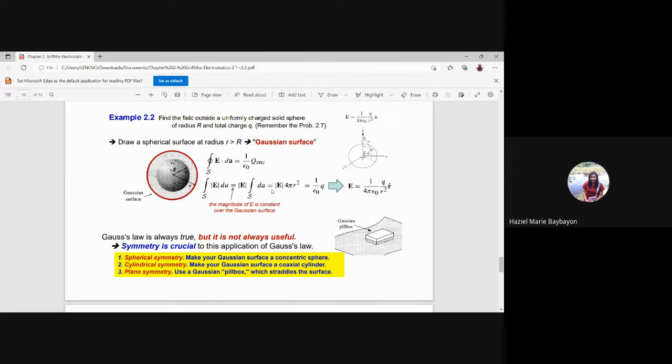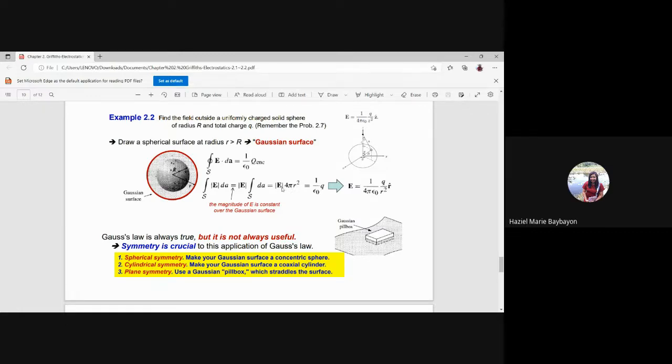I do not know if you have already solved this in your problem set class. If you get the integral of dA for a spherical surface, you will get 4 pi r squared. So this is actually the surface area of the sphere, the surface area of the Gaussian surface.